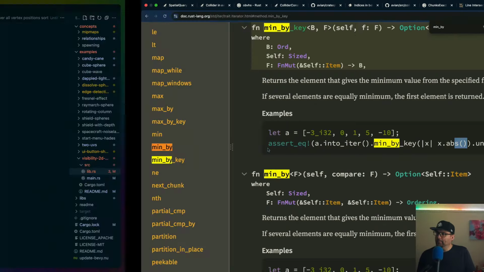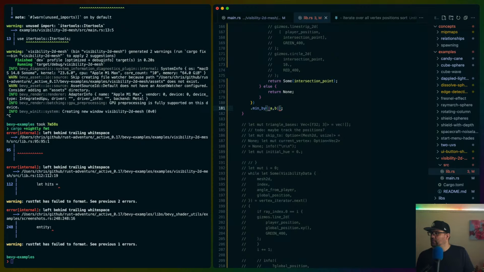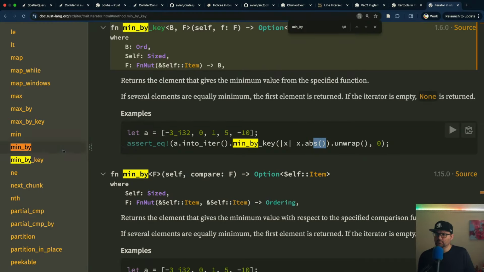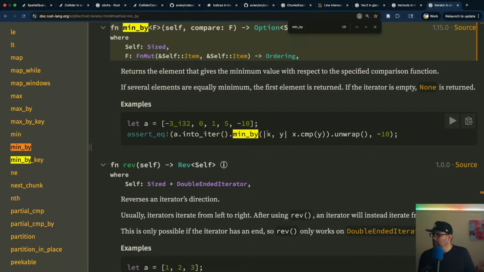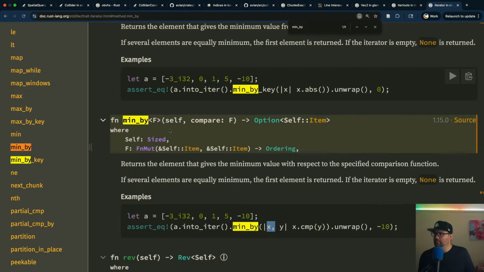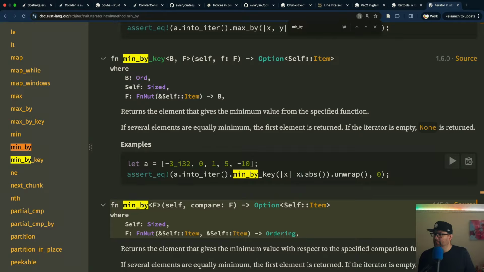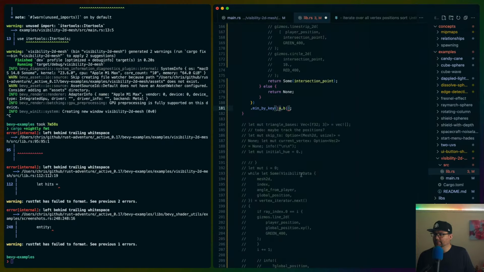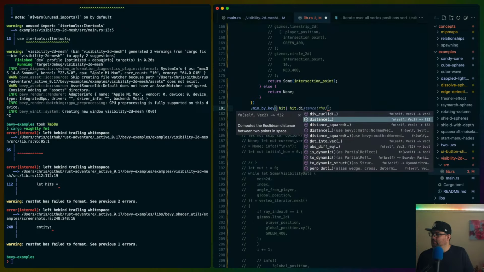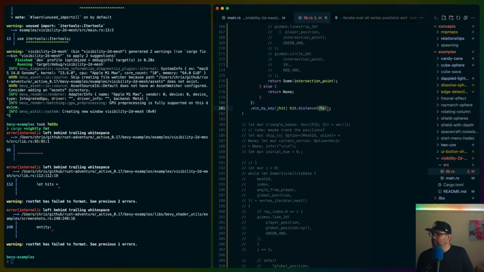We do want min by key. I guess we don't have a key, do we? Min by key doesn't require us to, so I think we're still going to do min by key hit dot distance, player position.